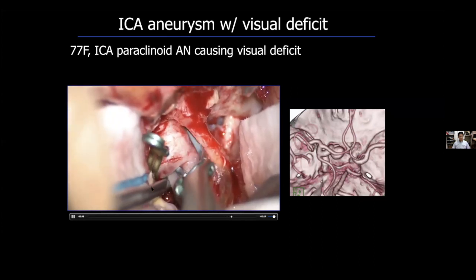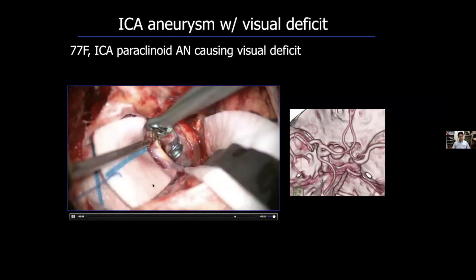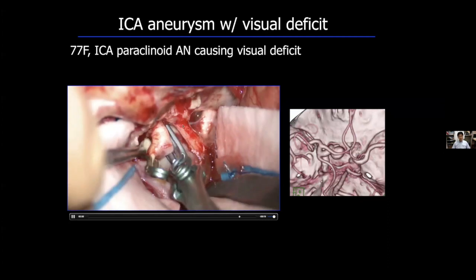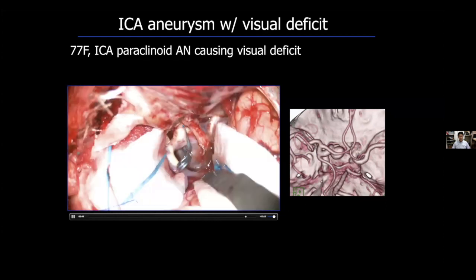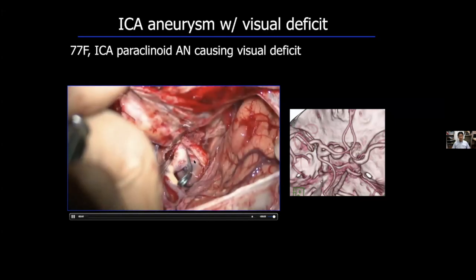And I apply the first clip, but this was too close to the neck of the aneurysm, close to the ICA, so I chose a second clip and removed the first clip. And there was no inflow confirmed into the aneurysm.